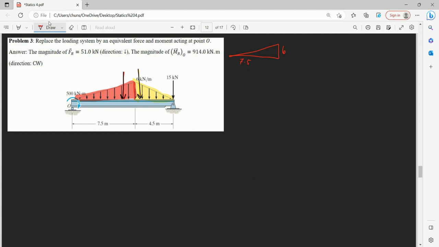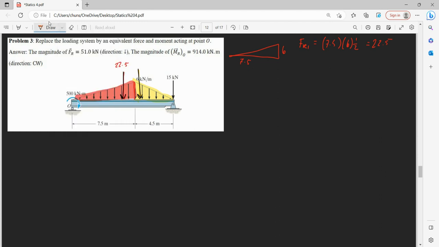So our force from that is the area of our triangle, base times height, half, so 7.5 times 6 divided by 2, and this is 22.5.